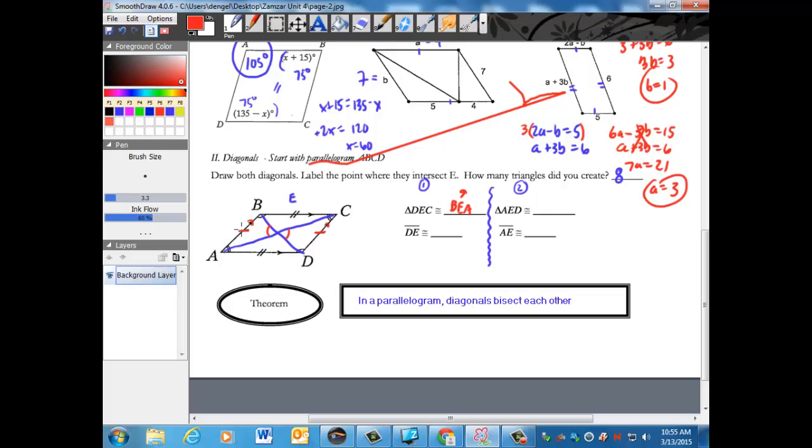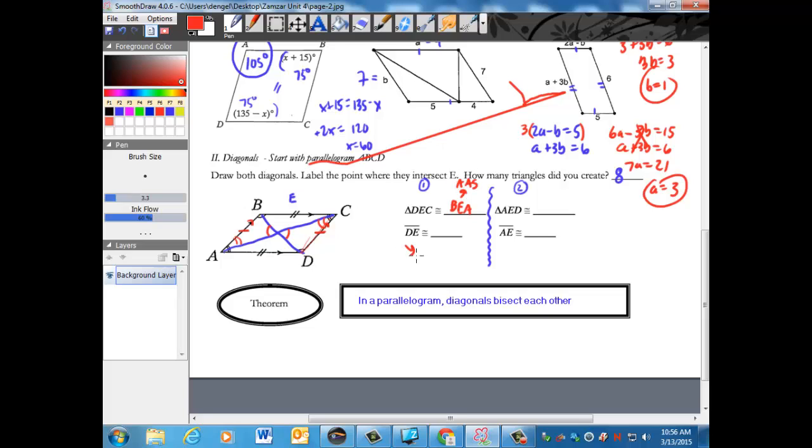So if we look at this line that's parallel and cut by this transversal, that would be this angle down here. And we look at this line that's going to be cut by this transversal, that will be this angle here. Okay, and so since these two angles are each congruent, we have angle, angle, side, angle, angle, side. Okay, so this is true by AAS.